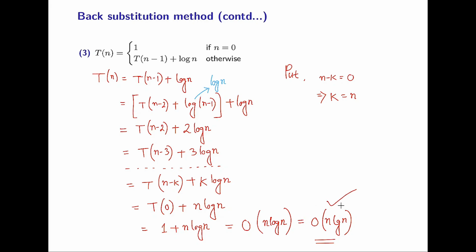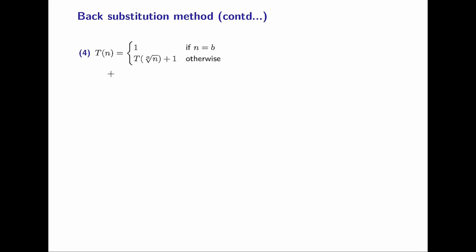Now the next one. In this problem, we will write Tn equal to T of the eighth root of n. Here it is given the root, so I can write n to the power 1 by a, plus 1. I am writing in this way to clearly observe some pattern.